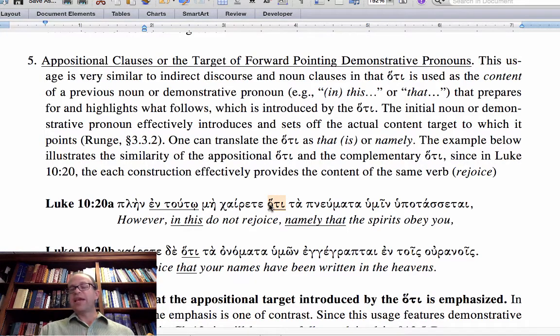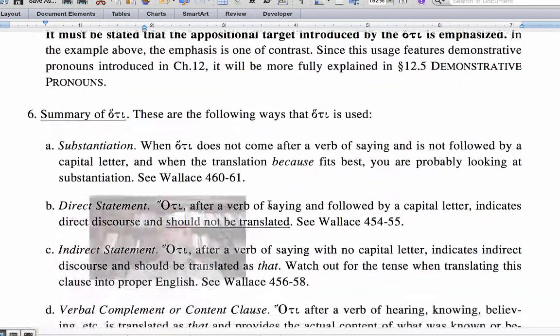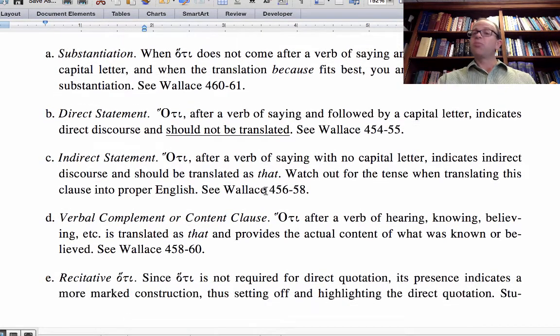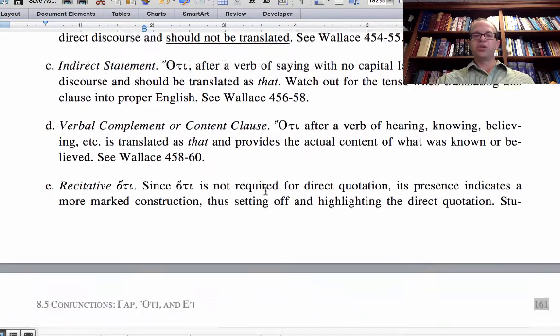A noun, or in this case a pronoun, the this is being clarified and specified by the hoti. Well, oti is very dynamic, and there's a summary there that you can look at to help you remember the different ways that this subordinating conjunction is used.